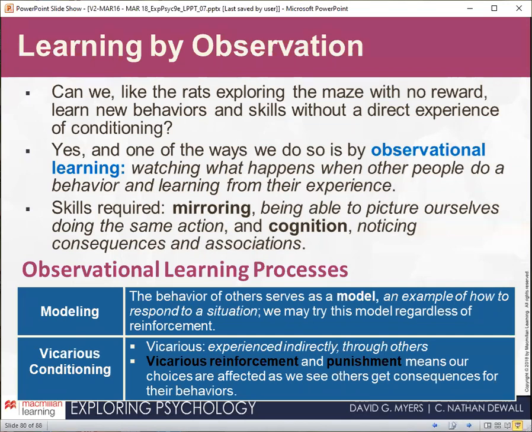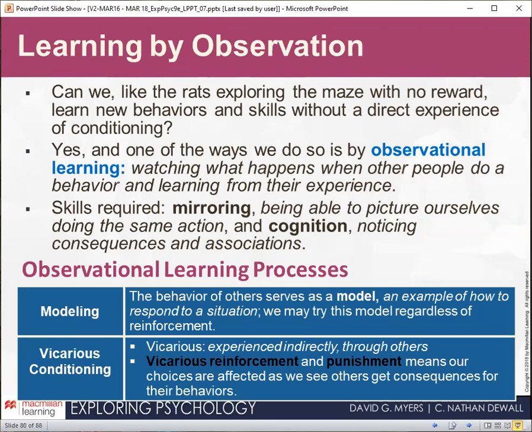And then there's vicarious conditioning. Vicarious means experienced indirectly or through others. Vicarious reinforcement and punishment means our choices are affected as we see others get consequences for their behaviors. So, for example, if you see your slightly older brother do something in view of the parents, and the parents spank your slightly older brother, you learn through vicarious conditioning that if that behavior is done, you may get punishment.